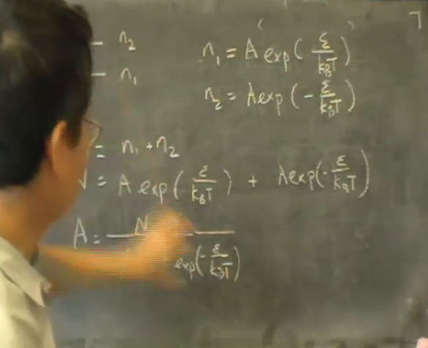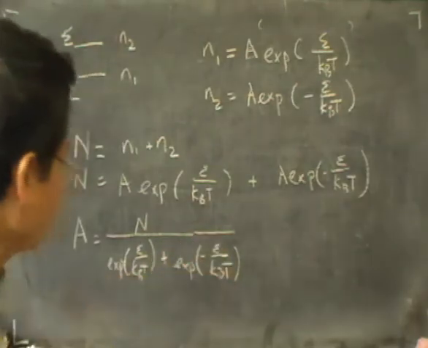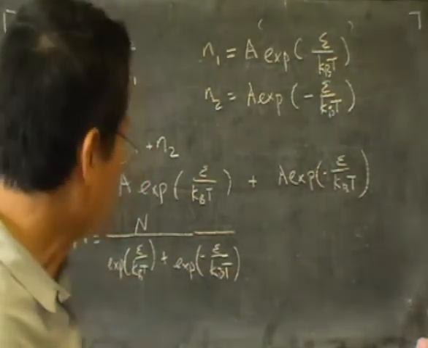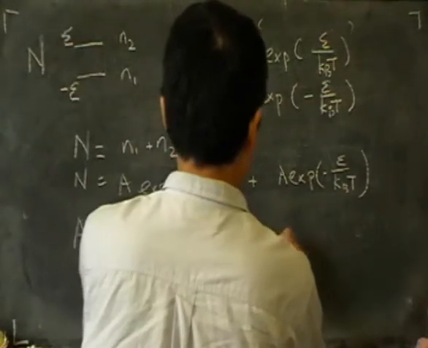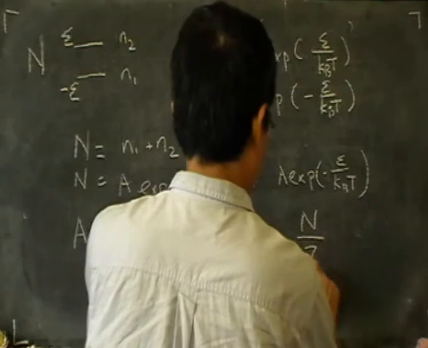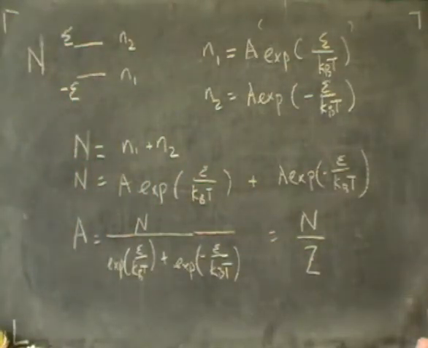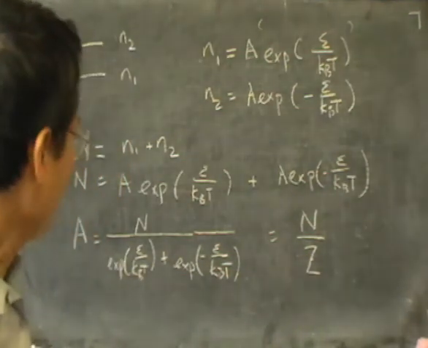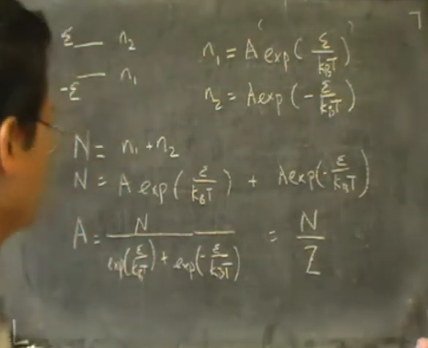If I have more levels, I'll have more terms. So it's a sum of the Boltzmann factors, and the symbol that is often used to represent this sum is Z. If you look at books on statistical mechanics, you'll see Z quite often, and they call it the partition function.